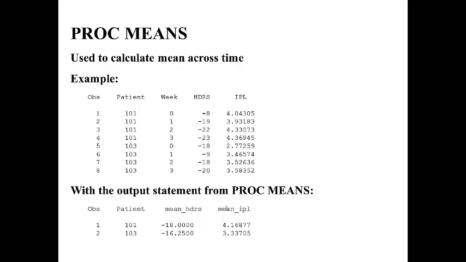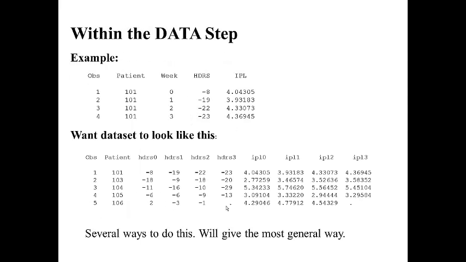In the method that I call within the data step, here we are taking this data that was recorded over 4 weeks, and we're turning our data set into a wide data set that captures all the information for a patient in a single observation.